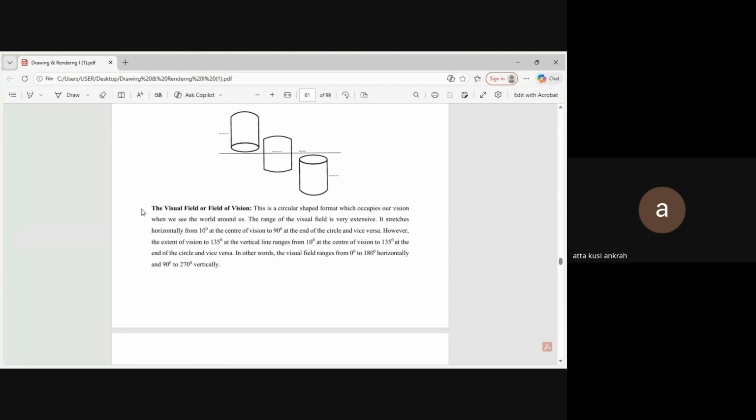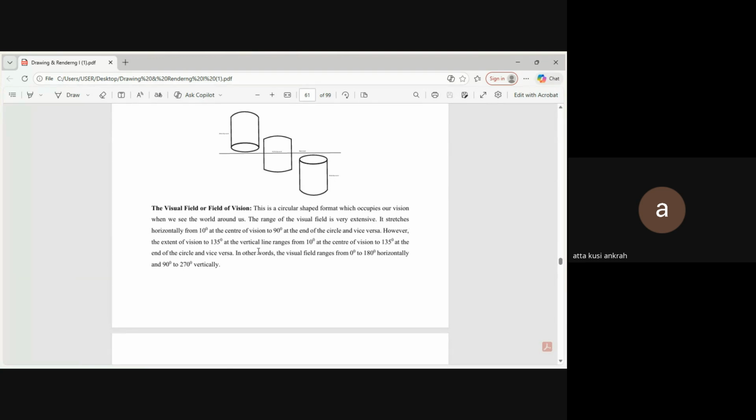Let's look at the visual field or field of vision. This is a circular shaped format which occupies our vision when we see the world around us. So simple, when we see things around. The range of the visual field is very extensive. It stretches horizontally from 10 degrees at the center of the vision to 90 degrees at the end of the circle and vice versa.